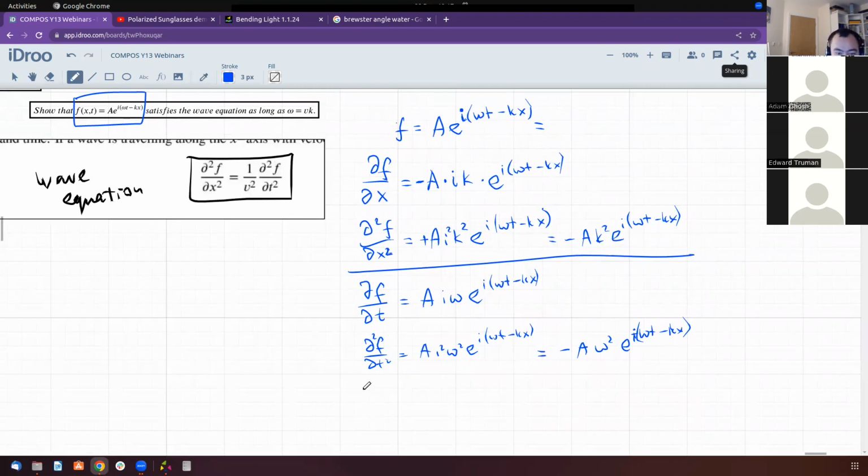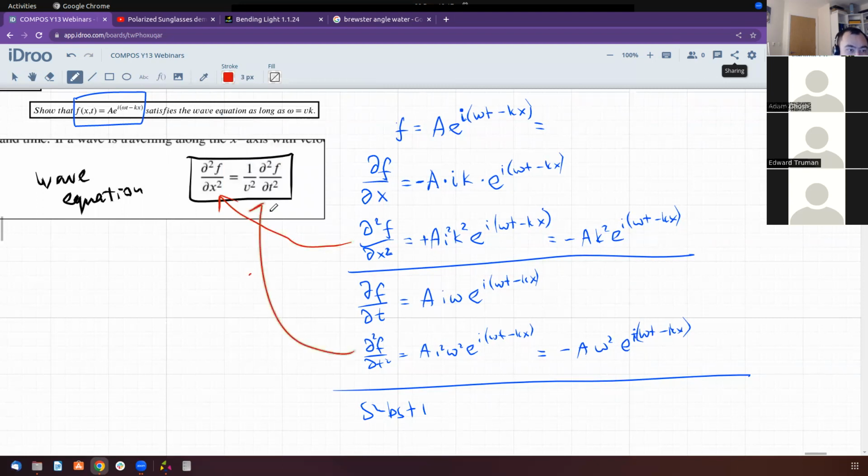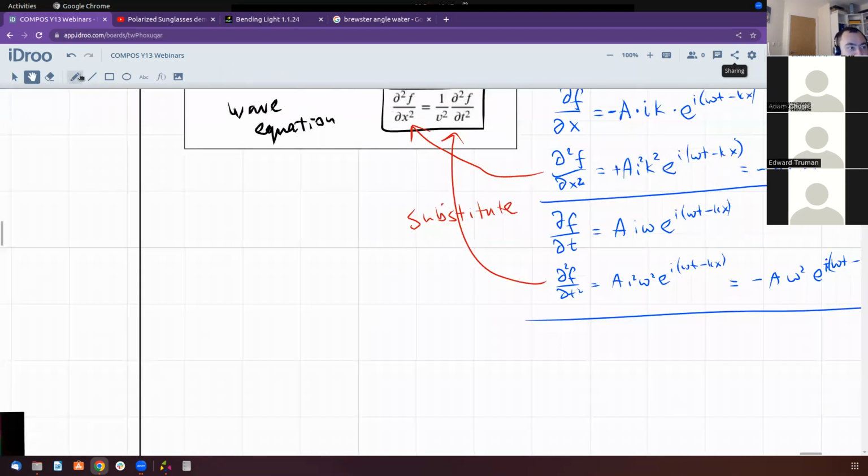Now just substitute. So substitute this into here and this into here. What do we have?